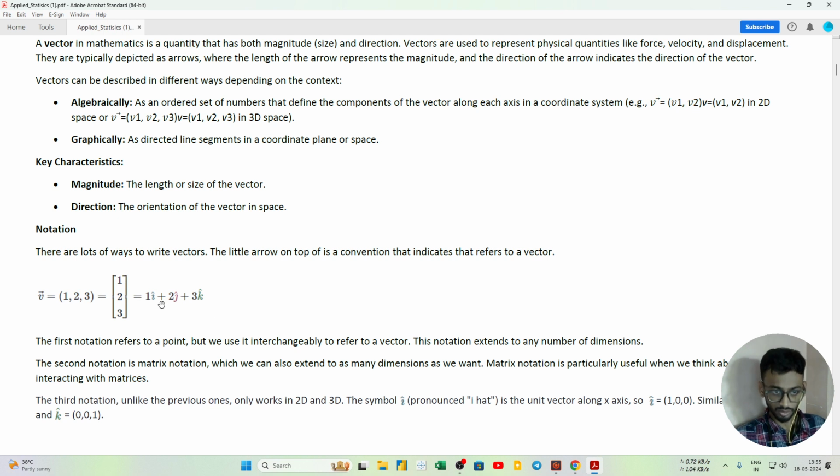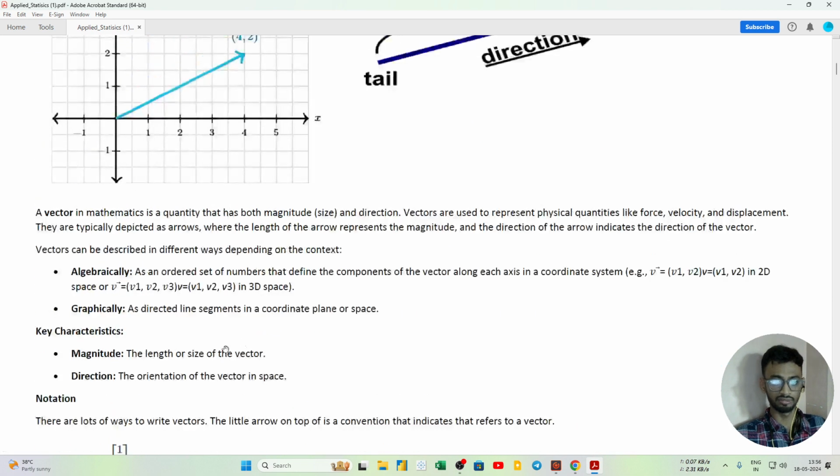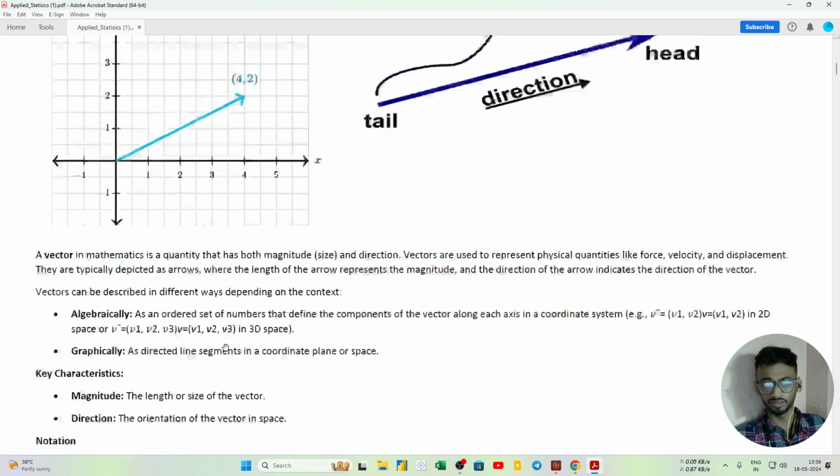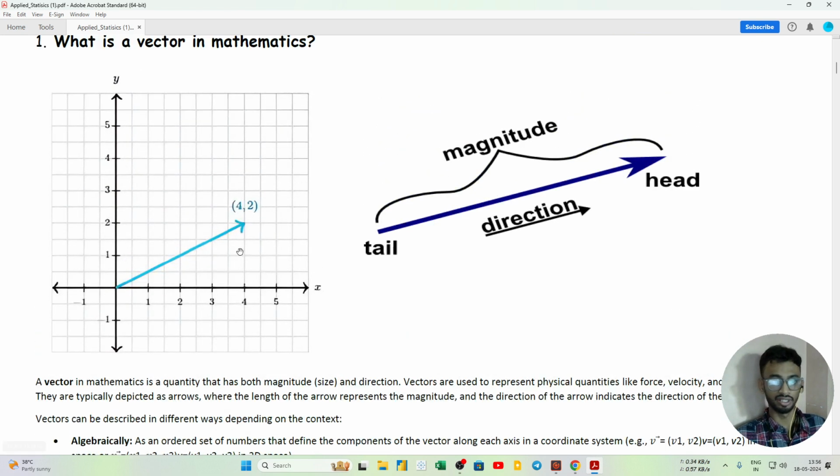Basically, we have seen this in mathematics in our school days or physics books, we can also represent it this way. i cap is the unit vector in the x-axis, j cap is the unit vector in the y-axis, and k cap is for the z-axis. So this is the notation-wise vector.